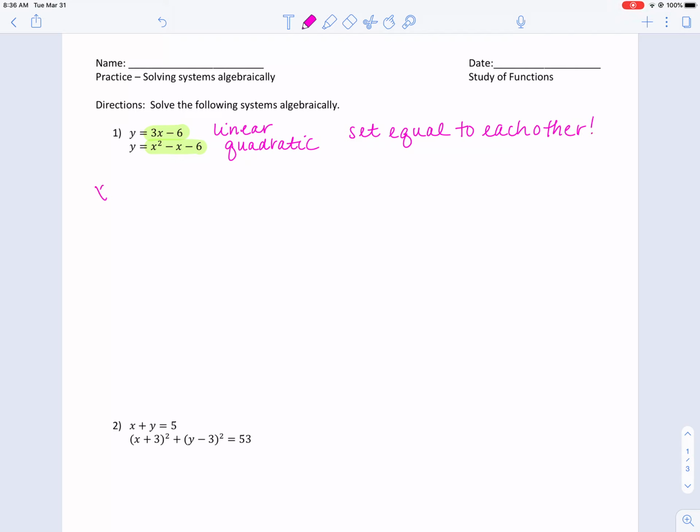So I'm going to put x squared minus x minus 6 equal to 3x minus 6. Now, since we're looking at a quadratic, you want to get everything to the left side and set it equal to 0.